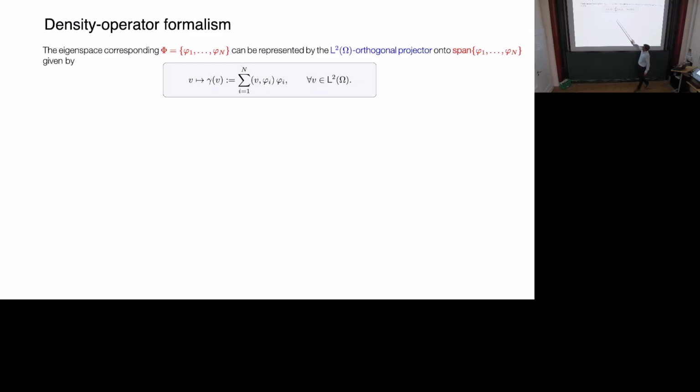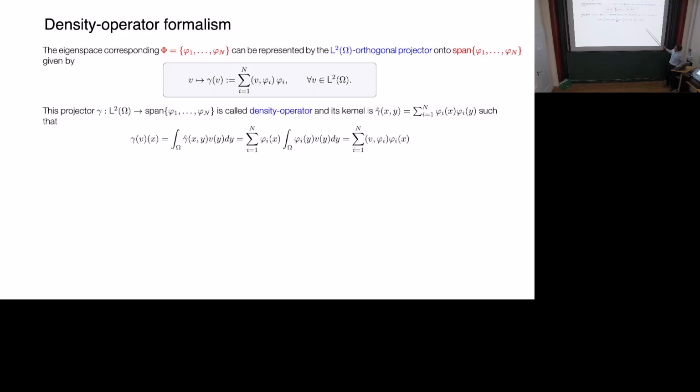So for every eigenspace corresponding to a set of orbitals, it can be represented by its L2 orthogonal projector onto this eigenspace, yeah? And this is this gamma, yeah? And it's given like this. If these are the orthonormal eigenfunctions, you build the scalar product, multiply with this, and that's the spectral projection of v onto this eigenspace.